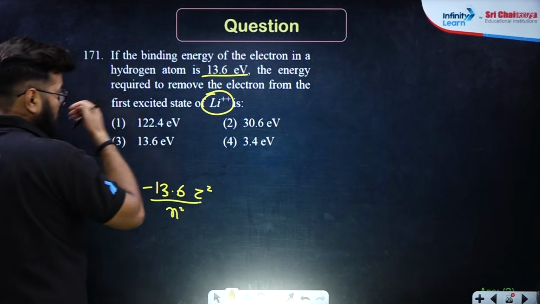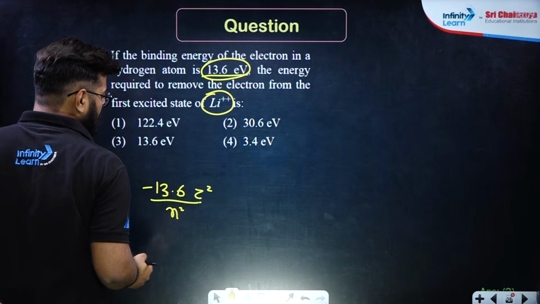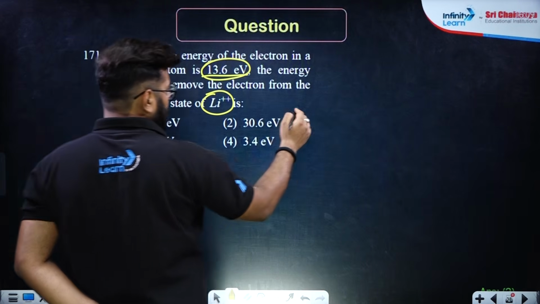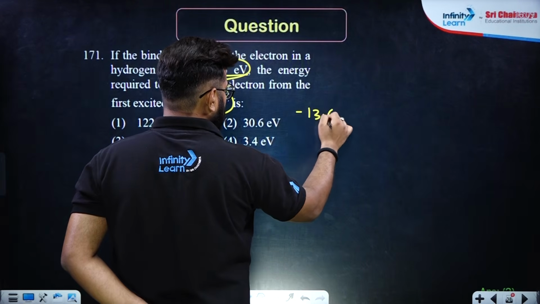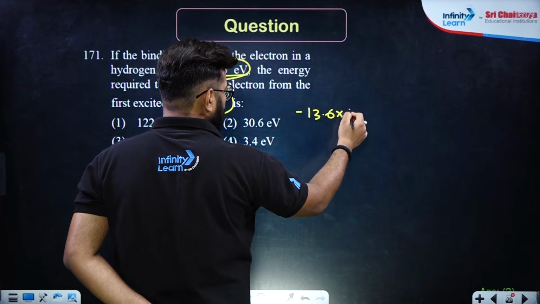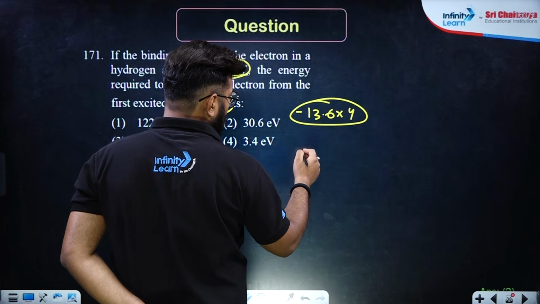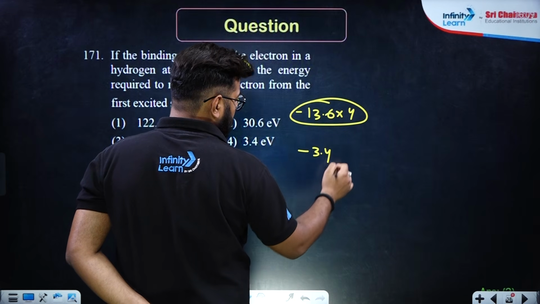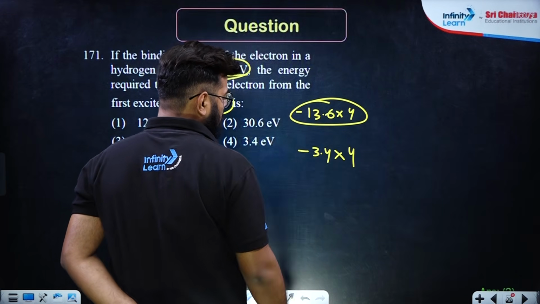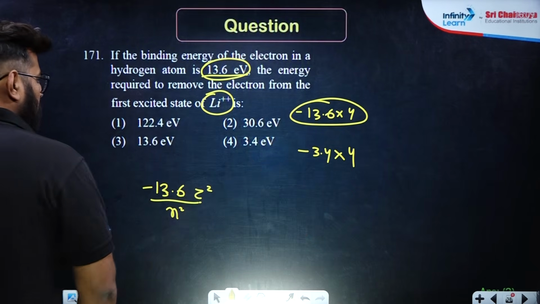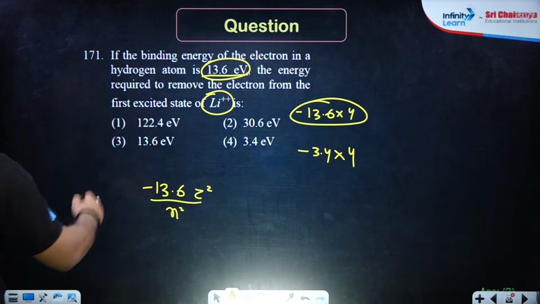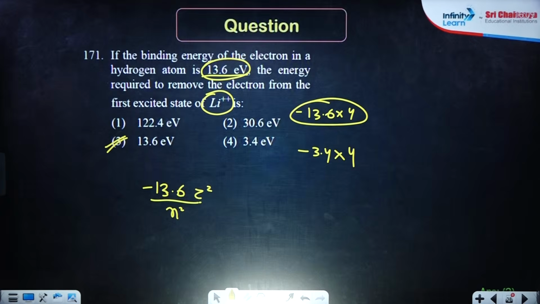So first, in hydrogen it has this much, in lithium it will have minus 13.6 into Z square, Z is 3, so Z square is 9. Similarly, the first excited will be equal to, in hydrogen it is minus 3.4, here it will be minus 3.4 Z square. So 4 3s are 12 and 16. Obviously option number 3 is the right answer.